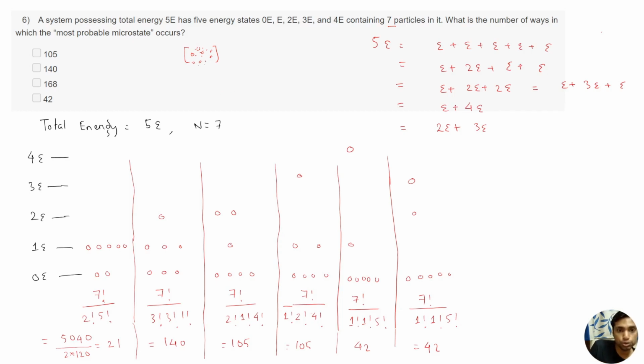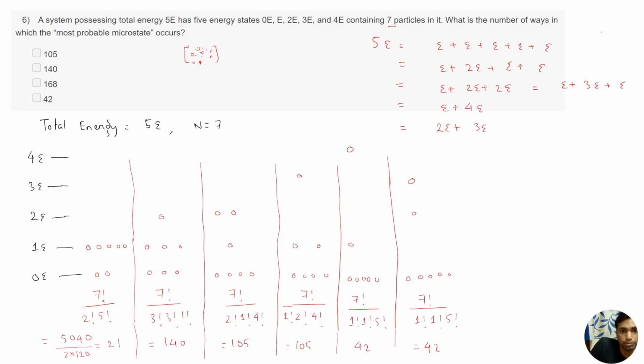Each of these atoms has these energy levels: 0, 1, 2, 3 and 4. These are the energy levels of each of these atoms. So what is the most probable microstate if the total energy is 5E?